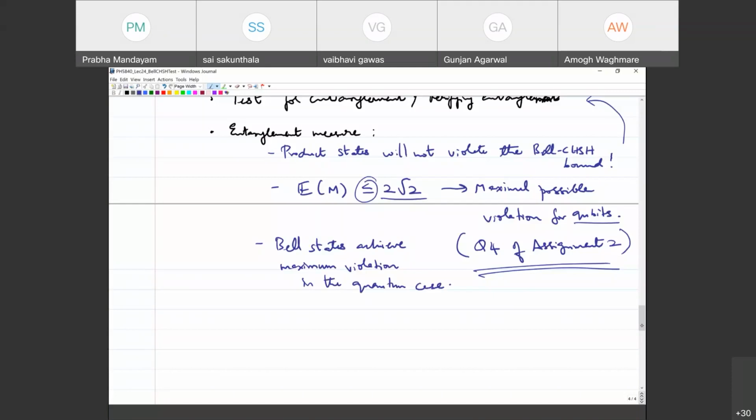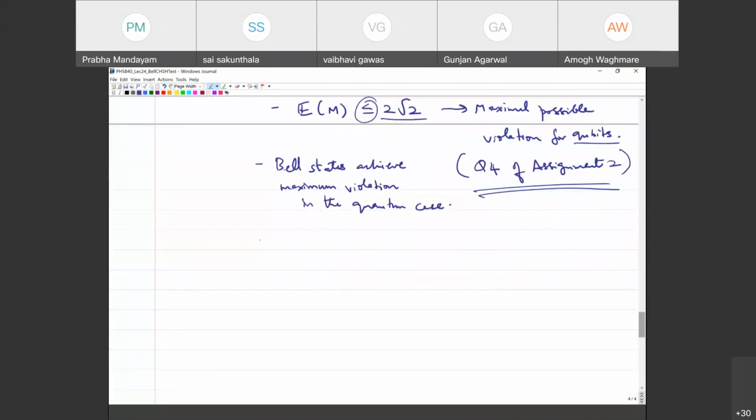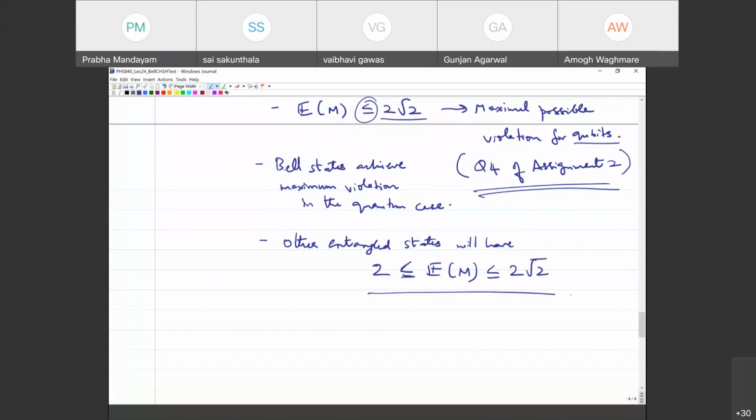So other entangled states will essentially lie between. They will have this expectation to be larger than 2. They will be larger than the classical or the local realistic value, but it will be less than 2 root 2. So depending on what this value is for a particular entangled state, what is the Bell violation that you get, right?